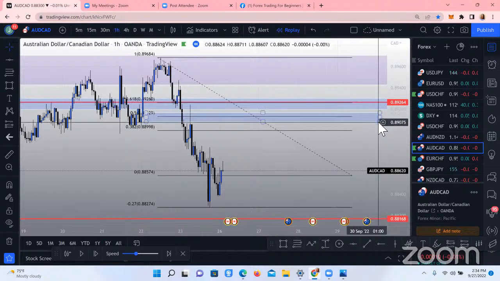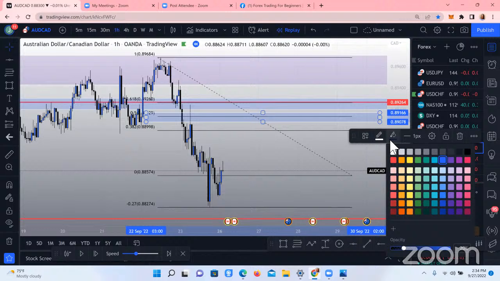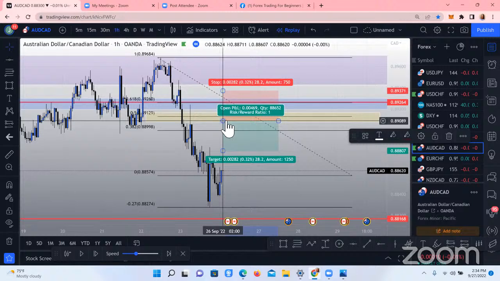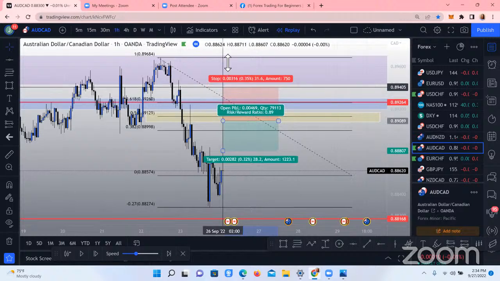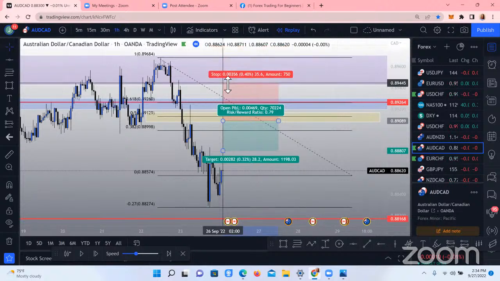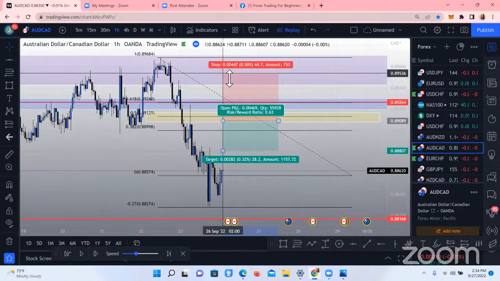I'm gonna make it yellow. Yellow. All right. You do not have to do this, but you know we want to short from this area. So we want it above here, or we can put it above here. I'm gonna put it above this.